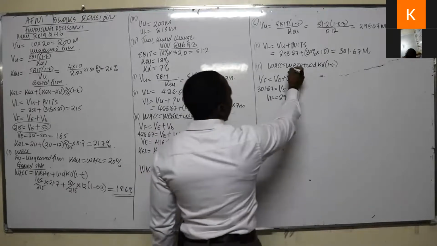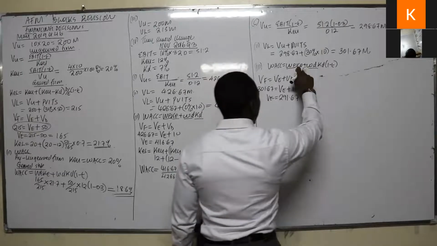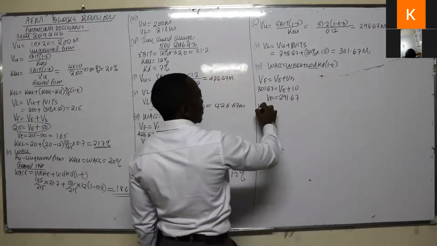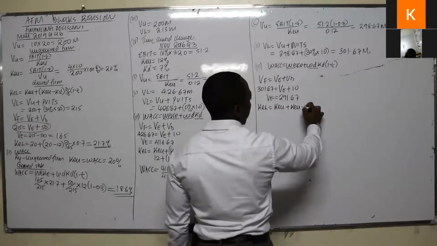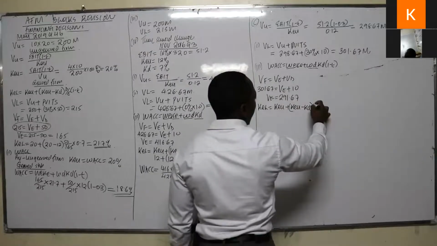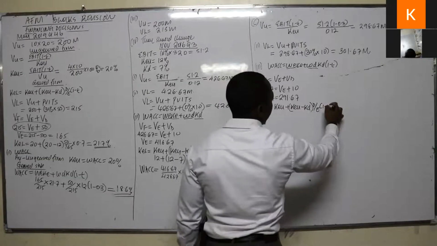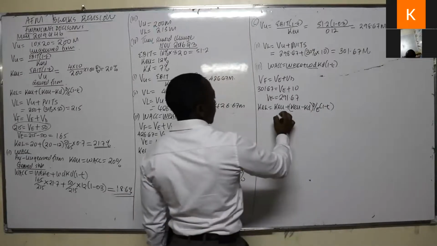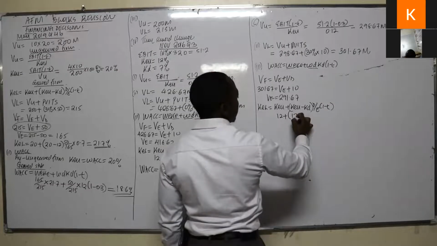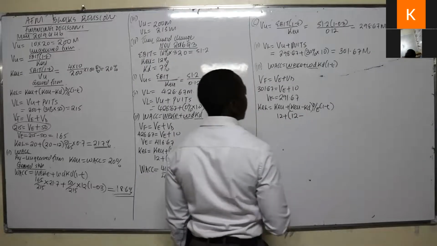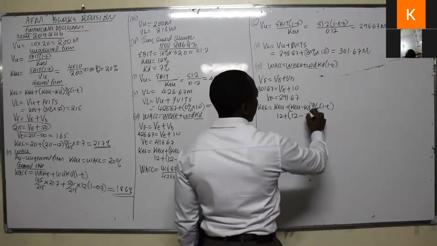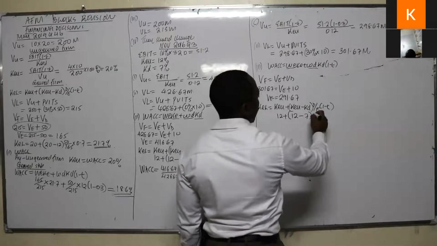We have the weights. We get the cost of equity of the geared firm. To get the cost of equity of the geared firm, the cost of equity of ungeared is 12. How much is the cost of the debt? Debt over equity. Debt is 10.